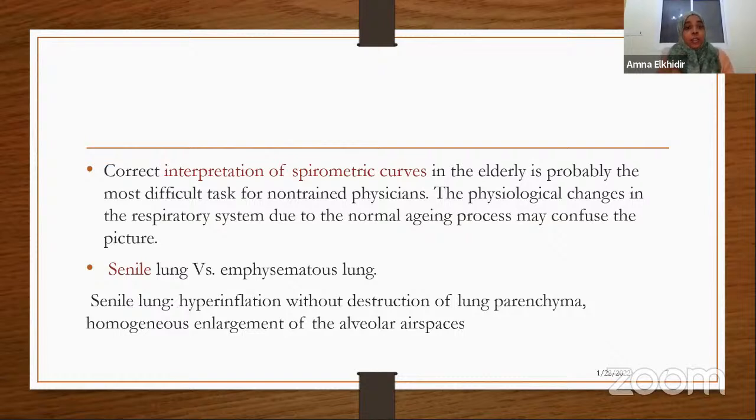This may confuse the picture in diagnosis and may be misdiagnosed as having, for example, emphysema. In senile lungs, there is hyperinflation, but in emphysematous lung, we have also destruction of lung parenchyma in addition to hyperinflation. And in senile lungs, there is homogeneous enlargement of alveolar air spaces, but in emphysematous lung, there is heterogeneous enlargement of the alveolar sacs.